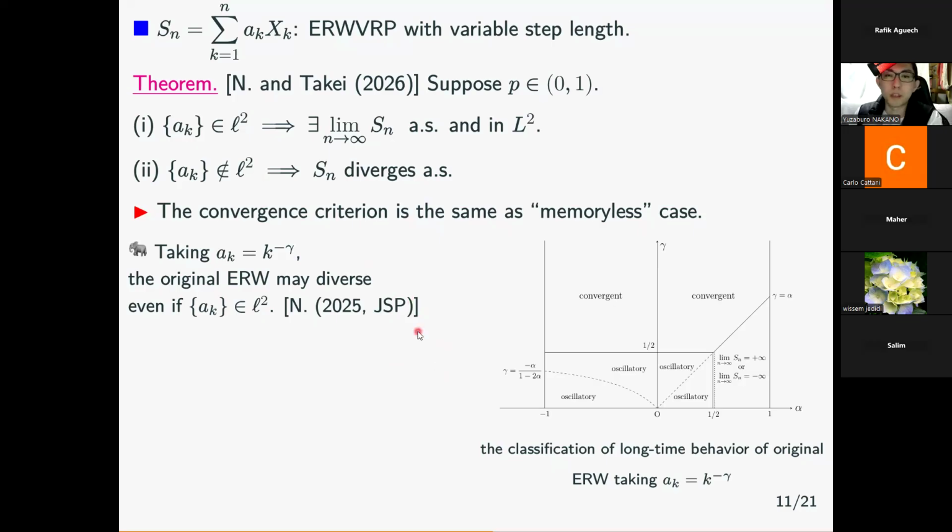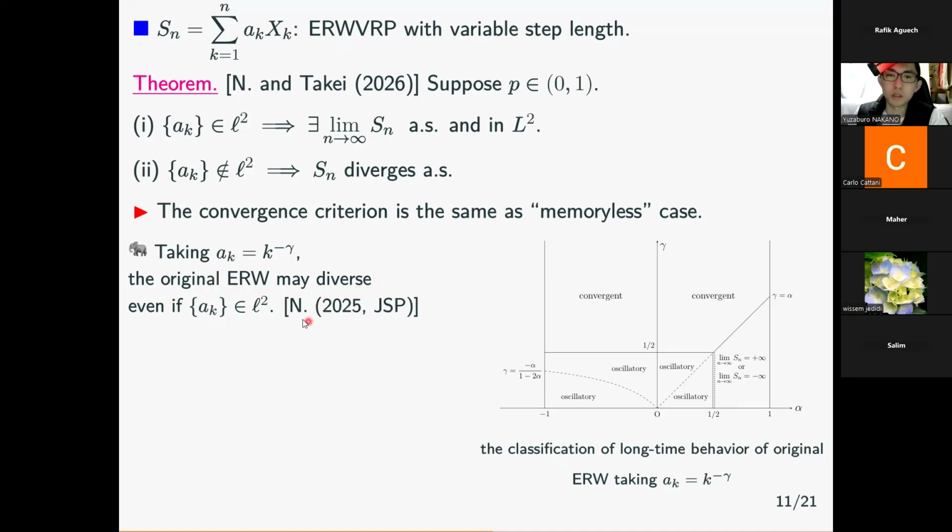And let me add, for the original elephant random walk case, beta n is uniformly distributed on 1 to n. In the original elephant random walk case, taking Ak as k to the minus gamma, where gamma is positive, even if Ak is square summable, the original elephant random walk may diverge.